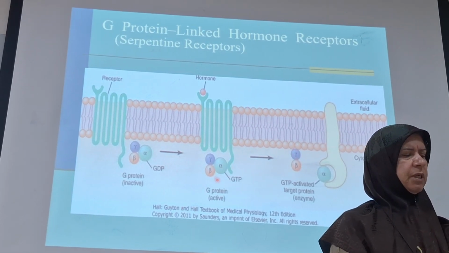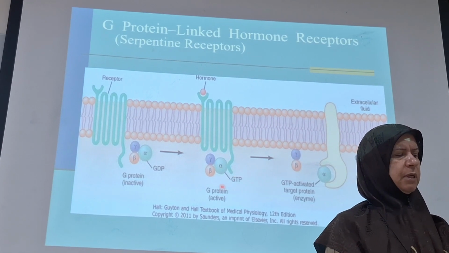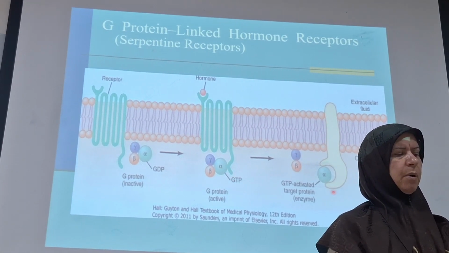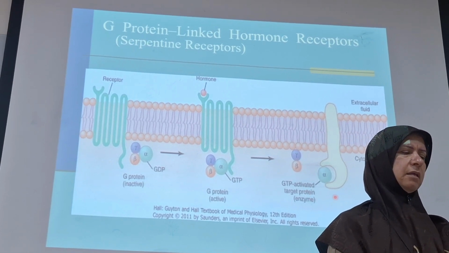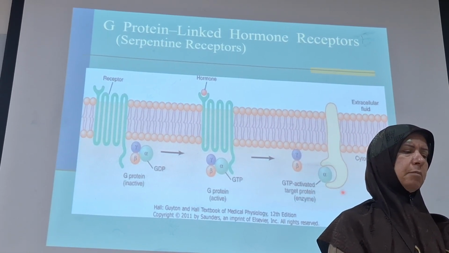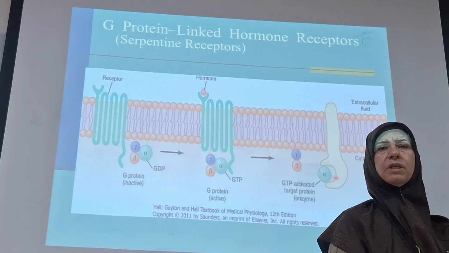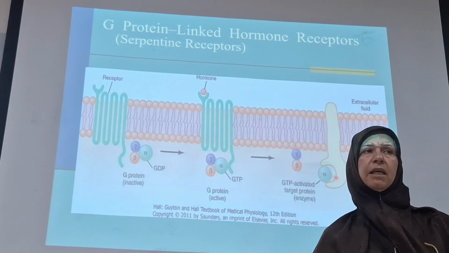Alpha-GTP dissociates from beta-gamma and can stimulate many effectors and initiate a signaling pathway.